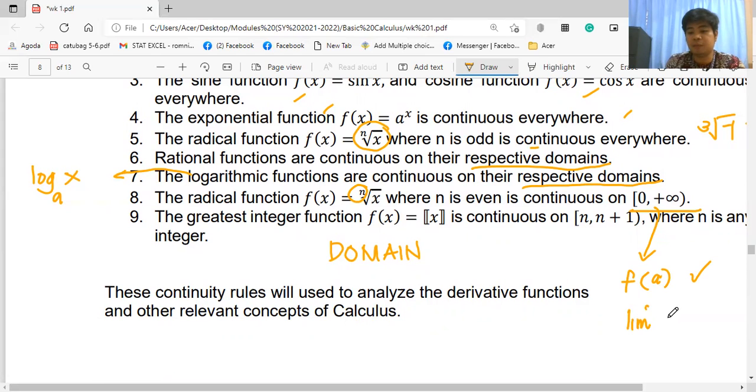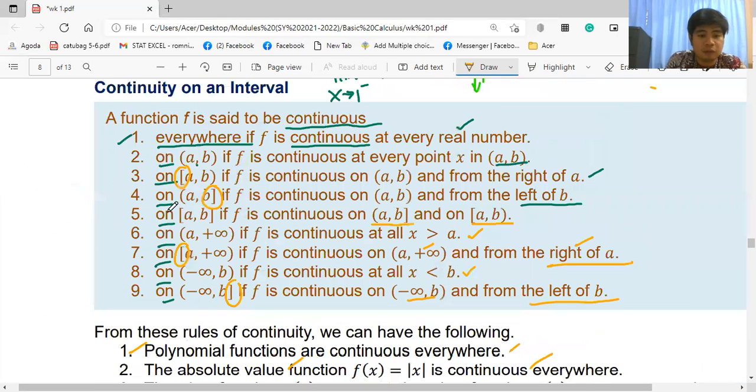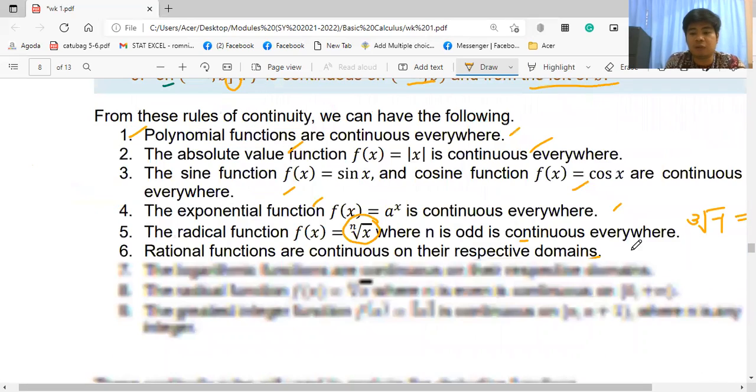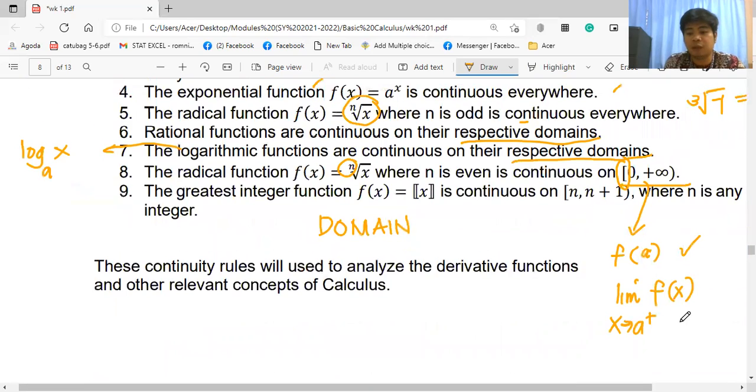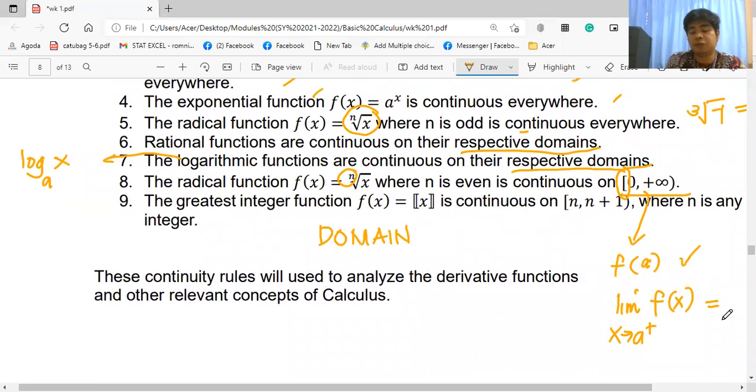And when it comes to the limit of that function as x approaches a from the right, because that is what the included symbol says, that is rule number 3: you have to check the right of A. And when we check the right of A, that will always lead you to a number that is 0. So f of A is 0. The limit of f of x as x approaches A from the right is also 0.